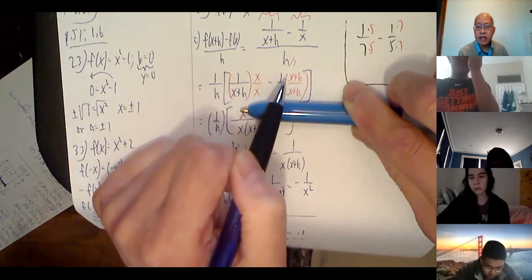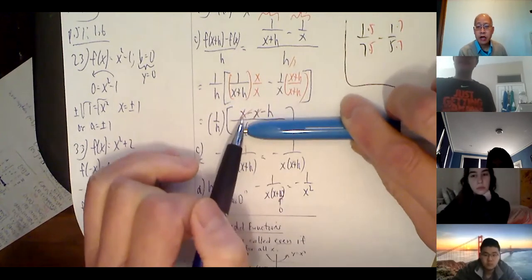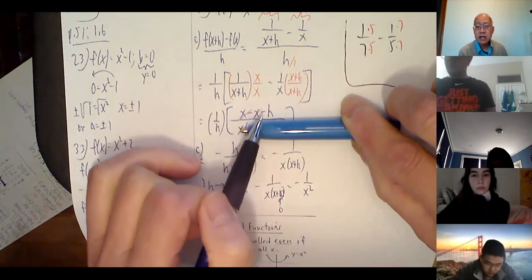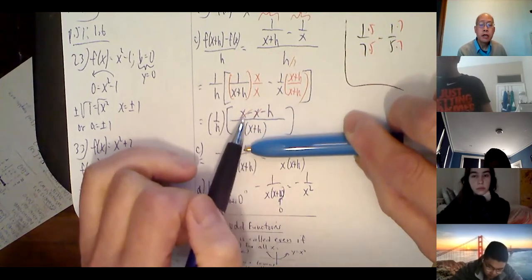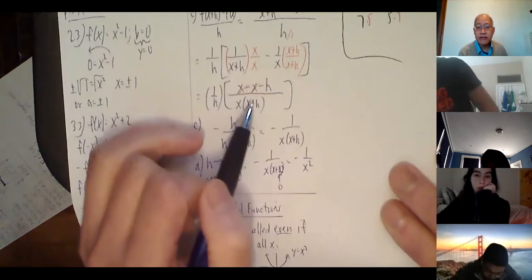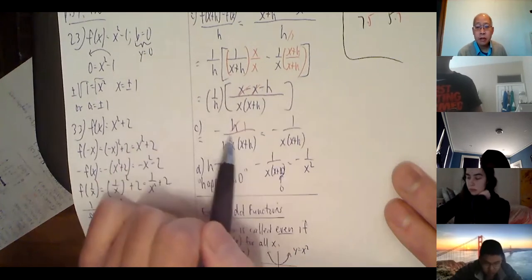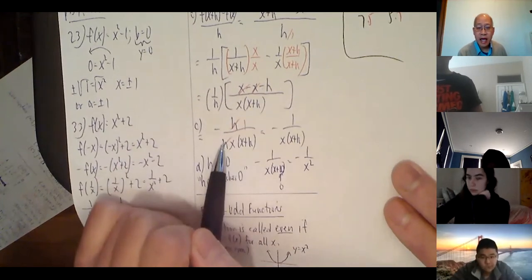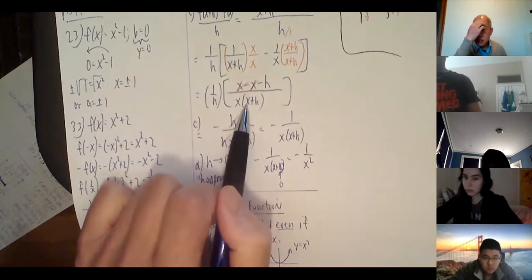So negative 1 times x, negative 1 times h. That means they're both going to be negative. So I have x minus h on top. And the x's cancel out. So that means now I just have negative h on top. Negative h on top. The bottom has h times x plus h.